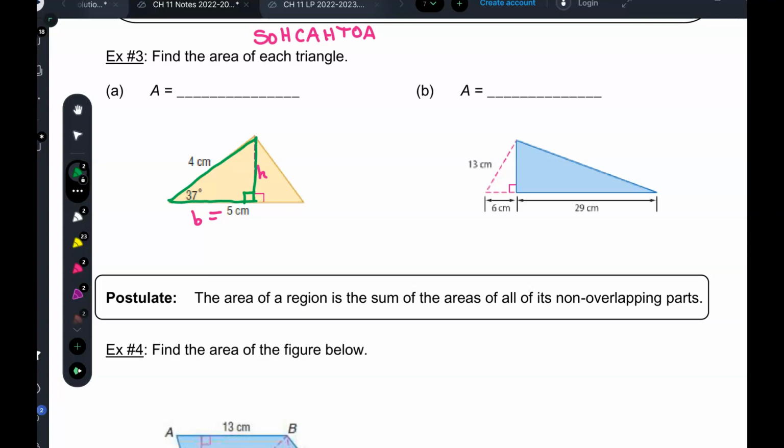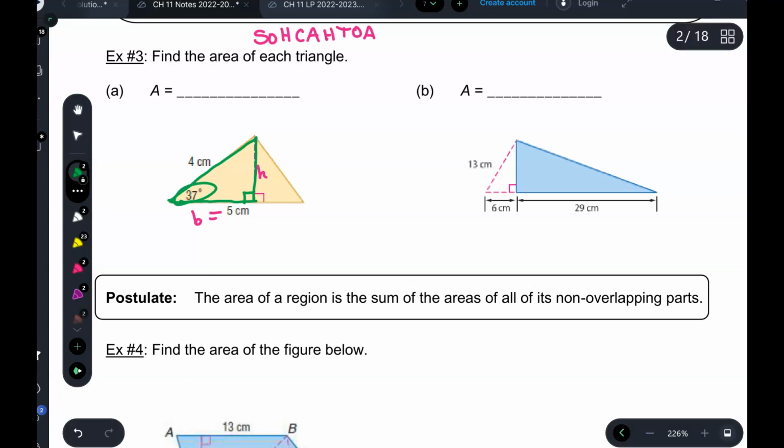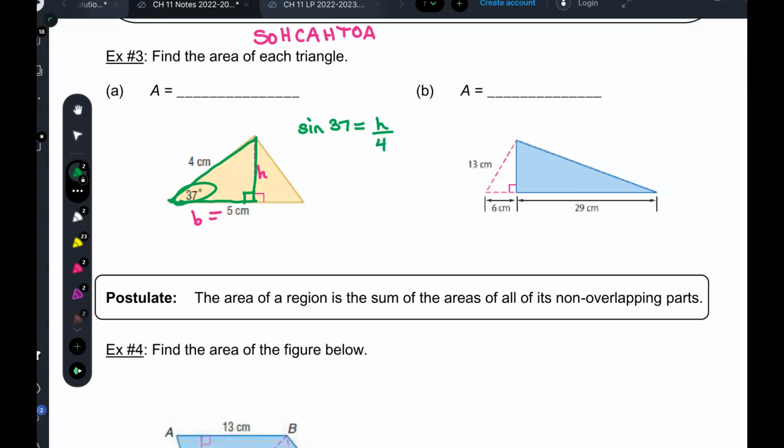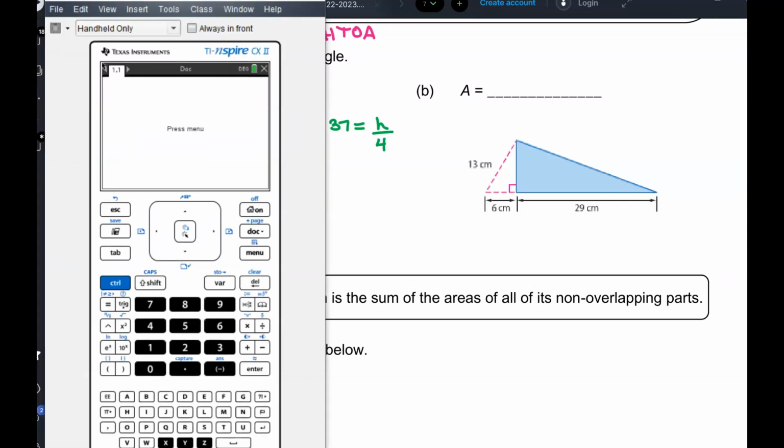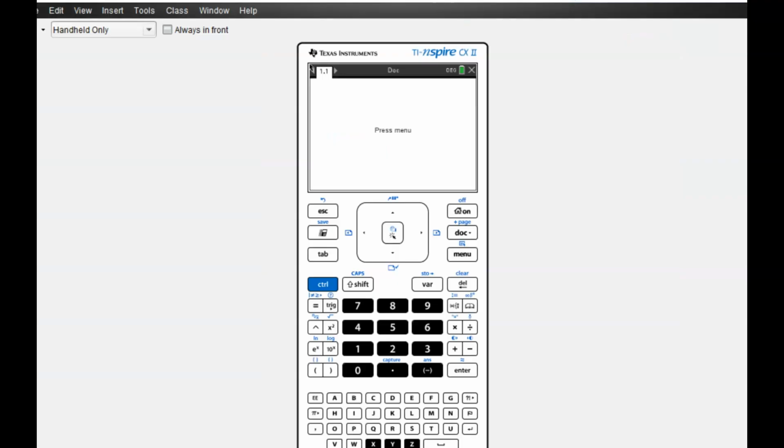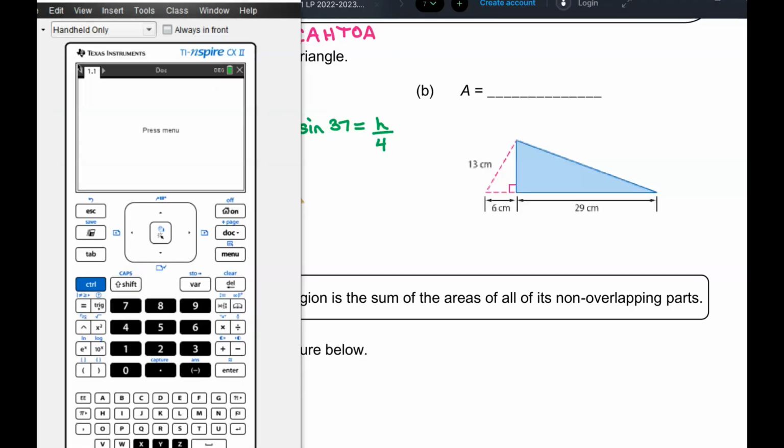So if I have the 37 degrees, we have opposite and hypotenuse. So that's going to be sine. So it'd be sine 37, and then sine 37 equals h over 4. Okay. Now, I want to show you something that we're going to be using the next few chapters.